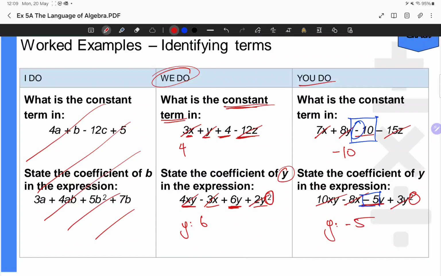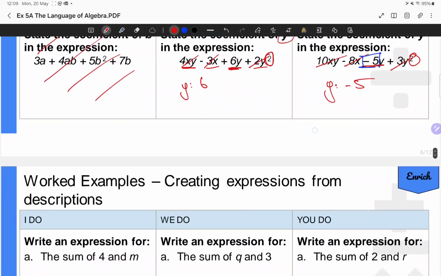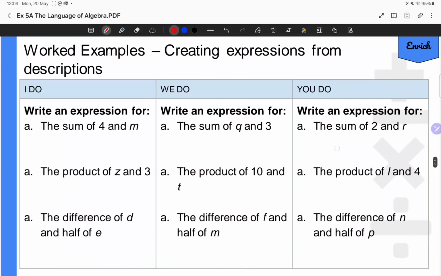So we'll move on now to the last worked examples. We're going to create expressions from descriptions. The key for this one is you need to make sure that you know what the keyword is for the different operations. So on here, I'll highlight it.